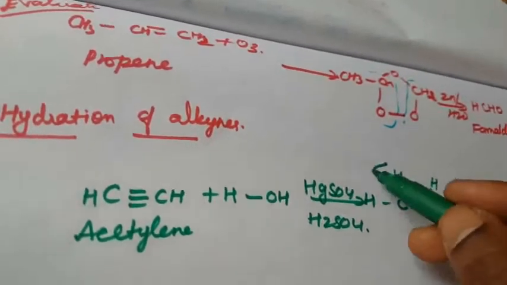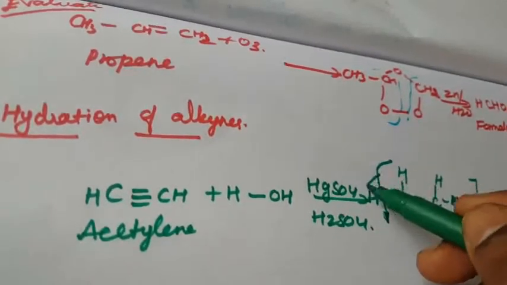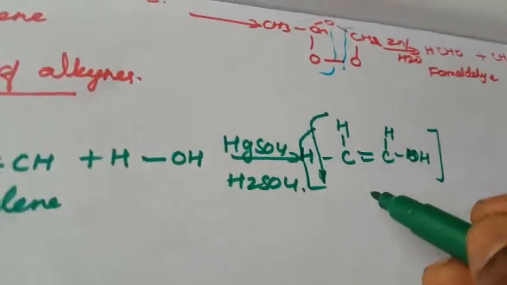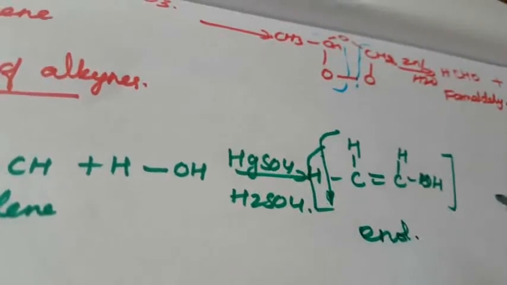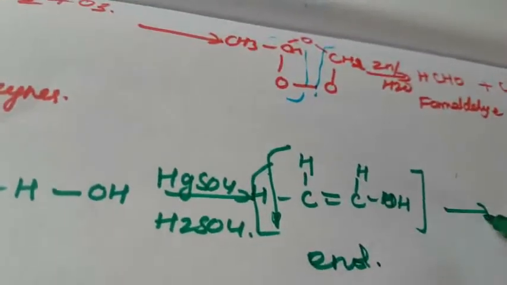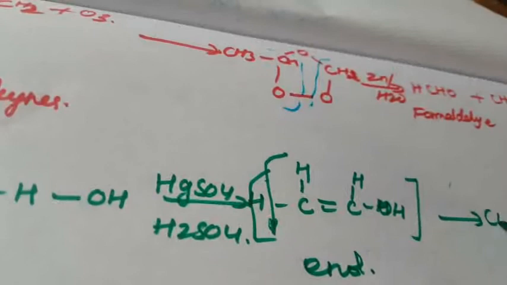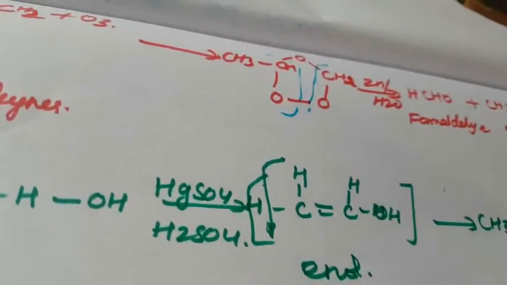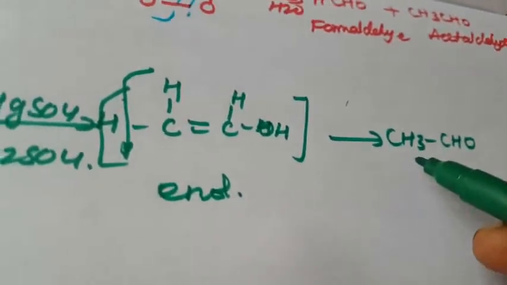The square bracket represents an unstable compound. Again it will be converted into another compound, to form this aldehyde compound, CH3CHO, that is called ethanal.